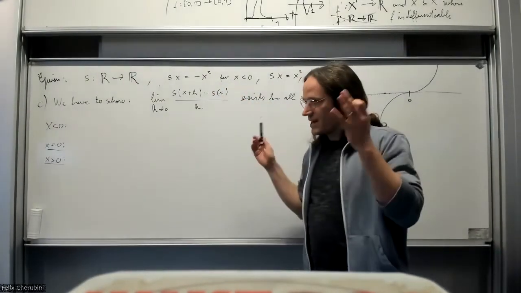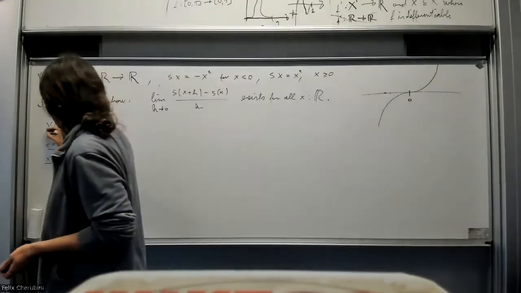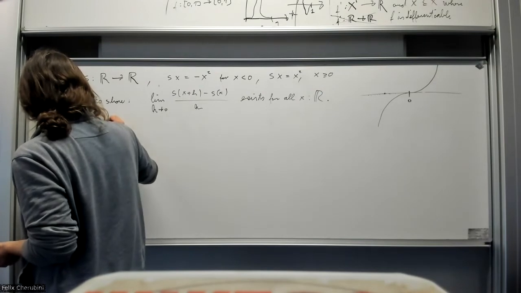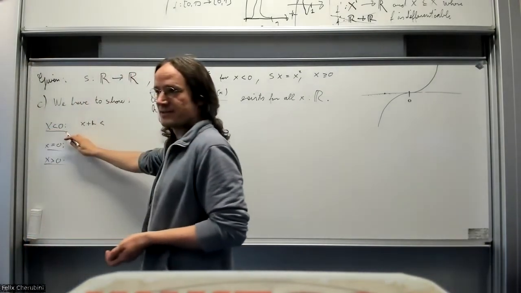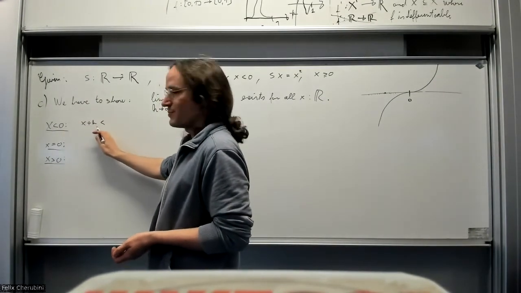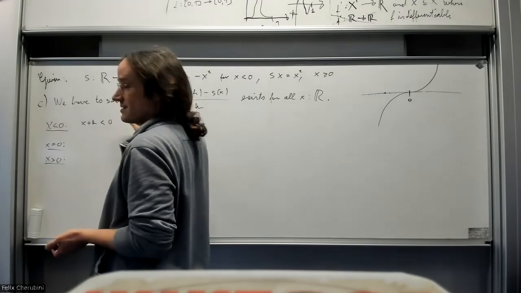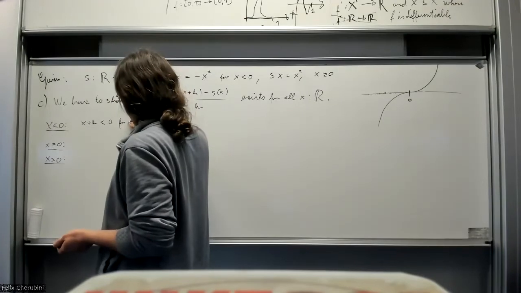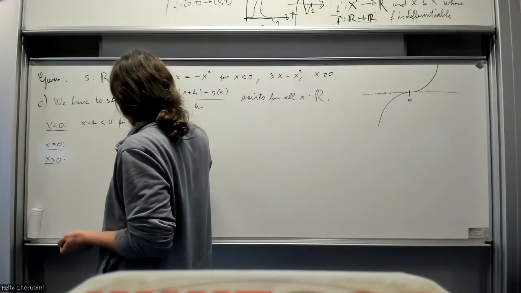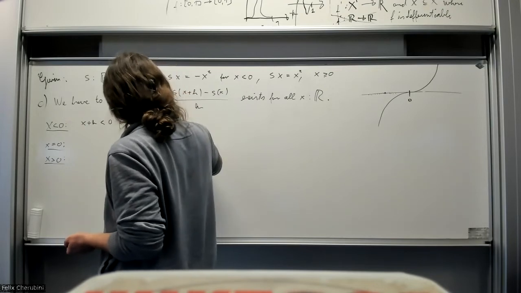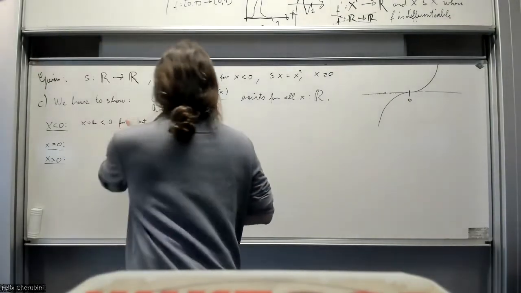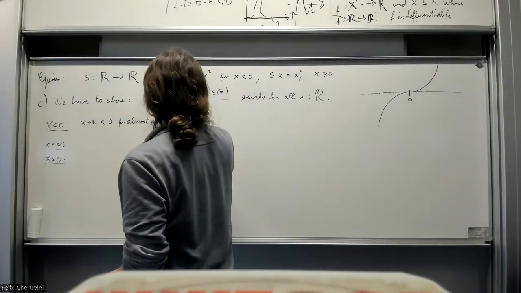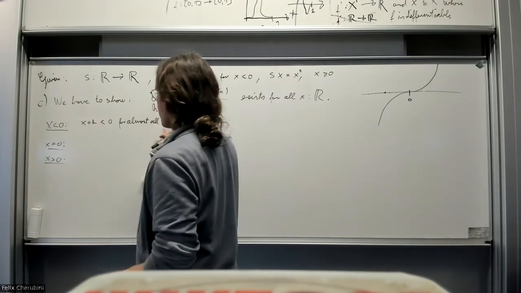One way I would say it is: if x is smaller than 0, then x plus h is also smaller than 0 for almost all h, if you know this terminology.